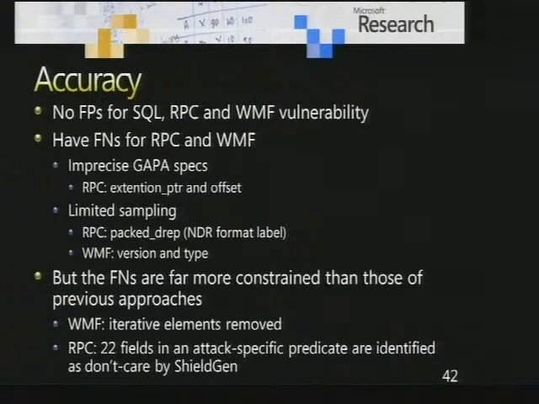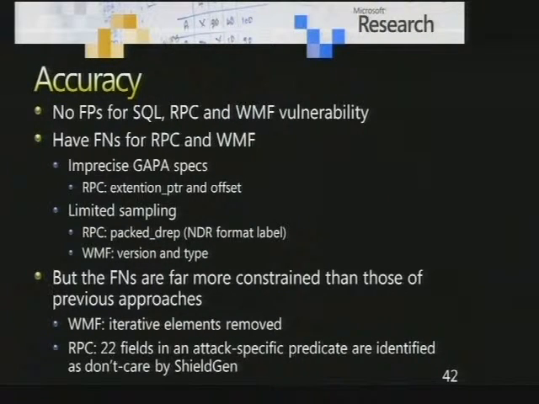But compared with previous systems, ShieldGen has far fewer false negatives. For example, we can remove iterative records, irrelevant records in WMF. What we find is that you only need one record and one arbitrary record. That's only the two conditions. However, without ShieldGen, you can construct an arbitrary WMF file that will exploit the vulnerability.